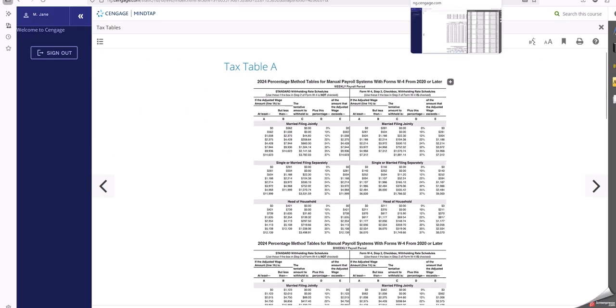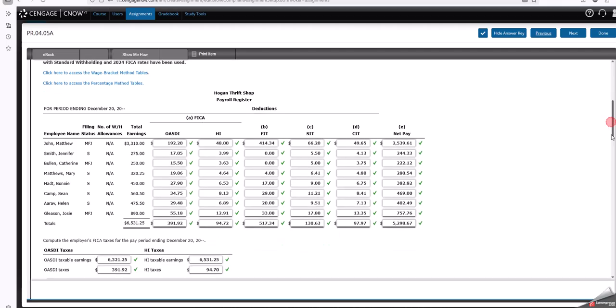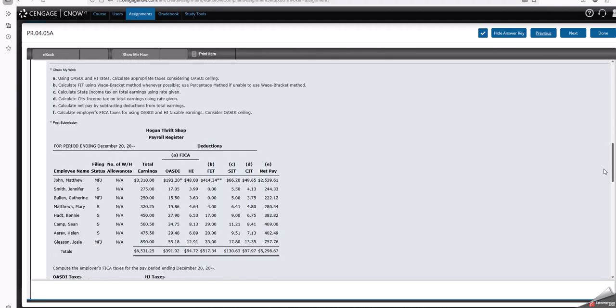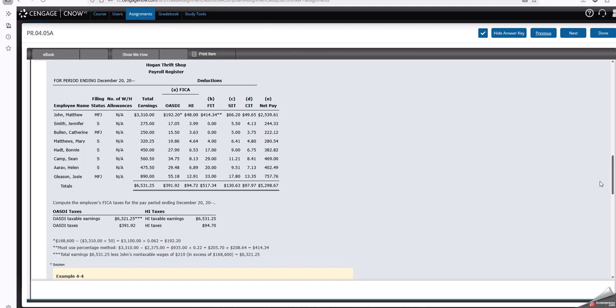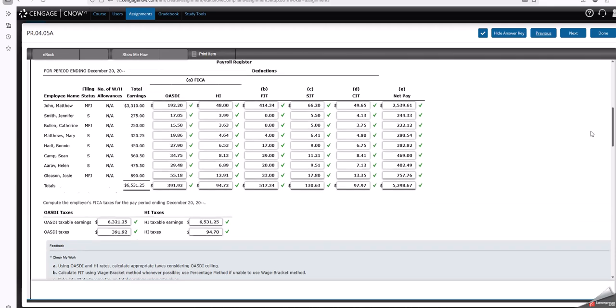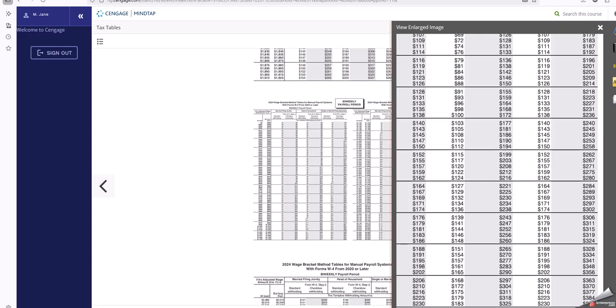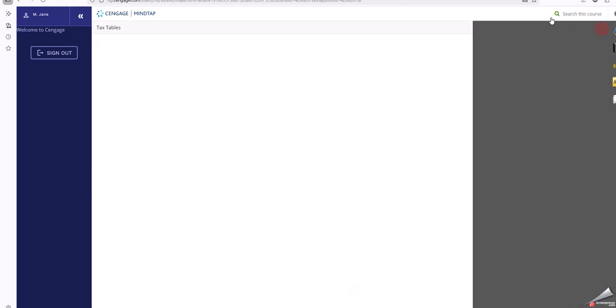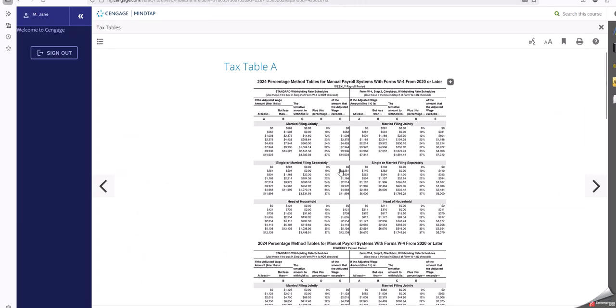Hold on. Yeah, you must use the percentage method because he's outside of those tables. If he was in the tables again, we would just look him up like we were trying to do. But he's making more than those tables. So then we have to go here.